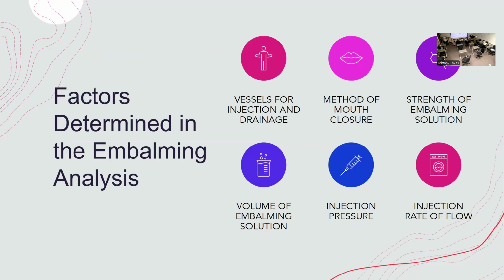So for every decedent that comes into our care, there are factors determined when we do our case analysis or our embalming analysis. And this includes the vessels that we're going to use for injection and drainage. We know that the best site for injection and drainage is at the right carotid artery, the right internal jugular vein.